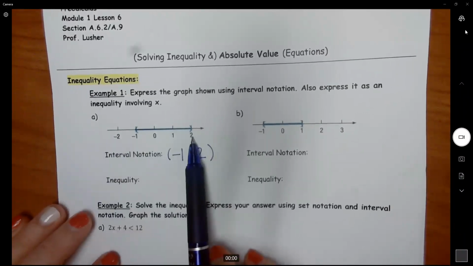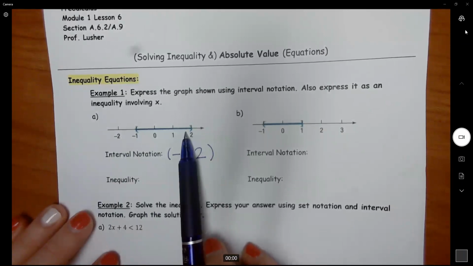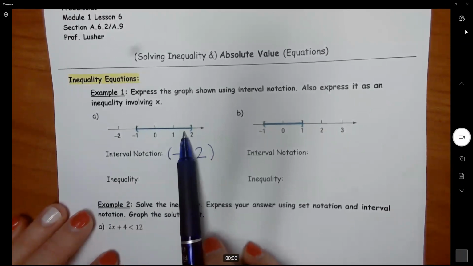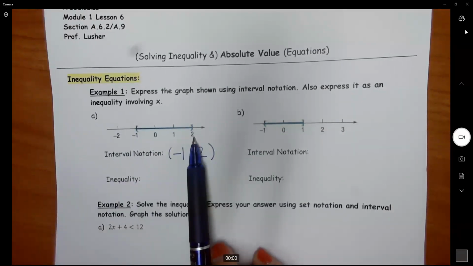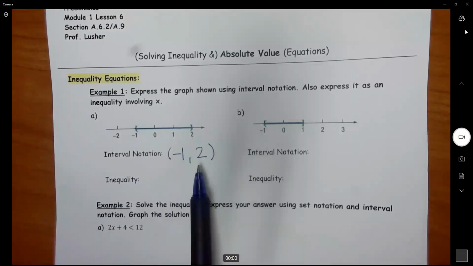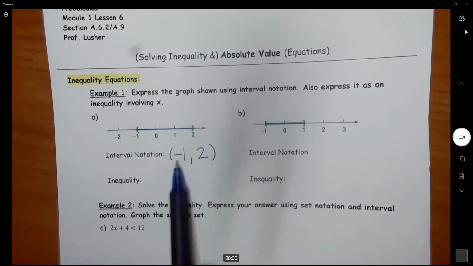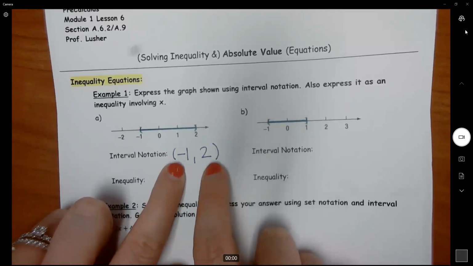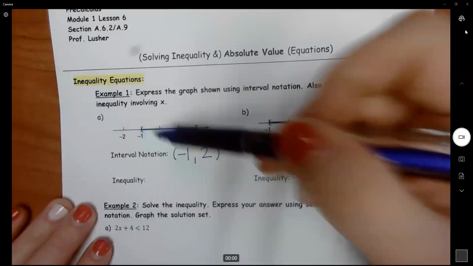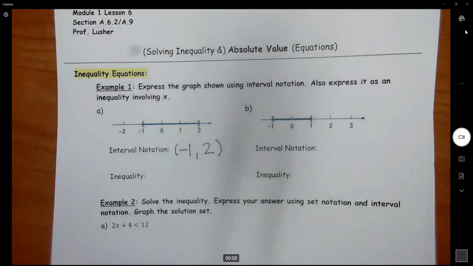So like this 2, it goes up to 1.9 and 1.99 and 1.999, 1.9999999, keep going forever, but it will never ever actually reach 2. 2 is not included. And so when I write this in interval notation as -1 to 2, it means I'm not including -1 or 2, but I am including every possible number in between those two.